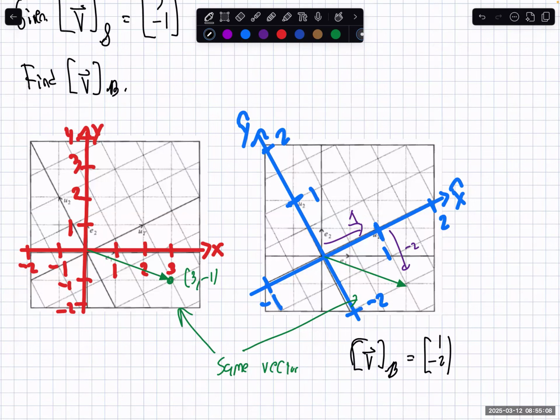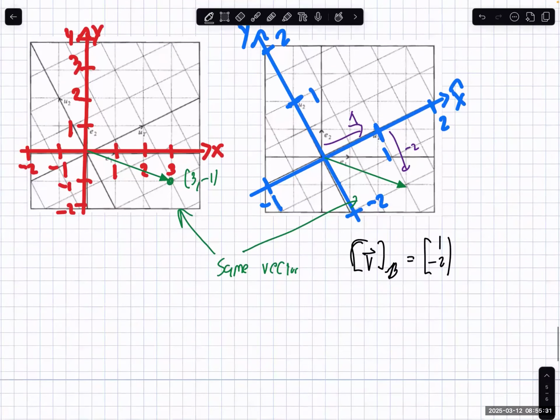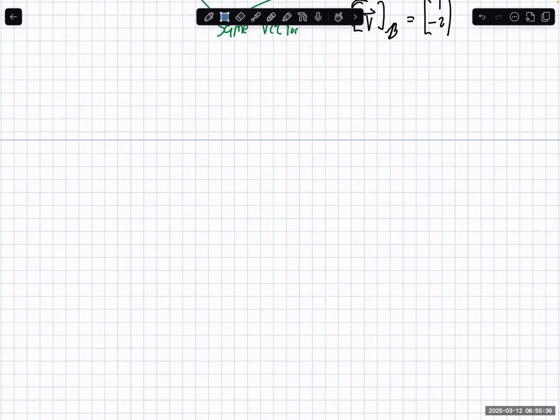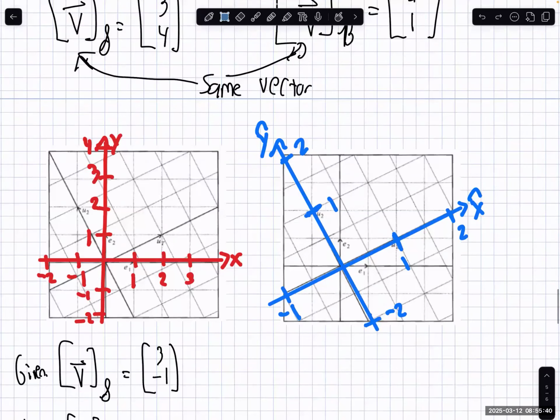And let me try to find another one here. Same coordinate systems. Let's grab this right here.